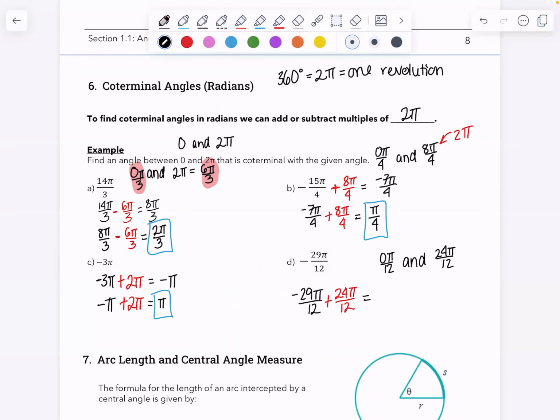That gives us negative 5 pi over 12, which is not between 0 and 24. So we take that same one and add 24 pi over 12, and then we get 19 pi over 12, which is between 0 and 24.